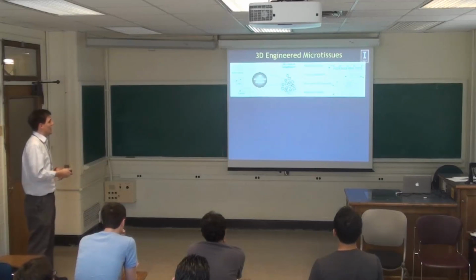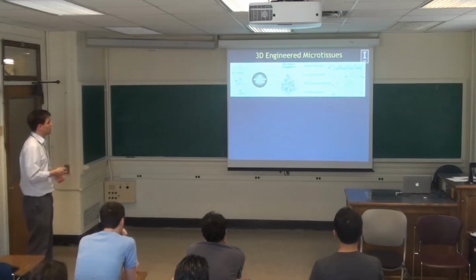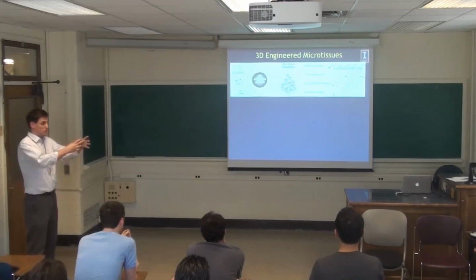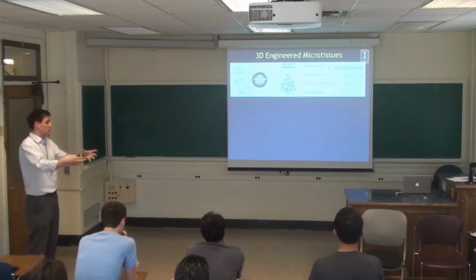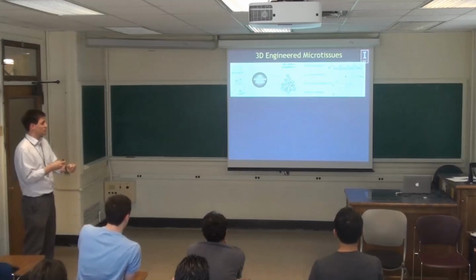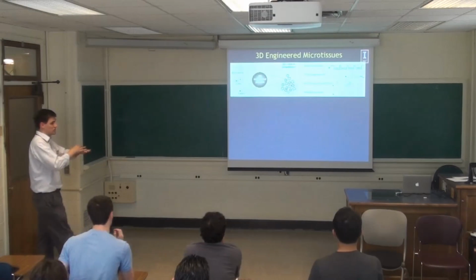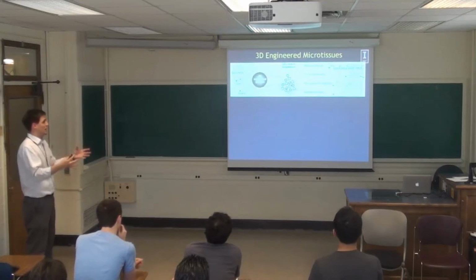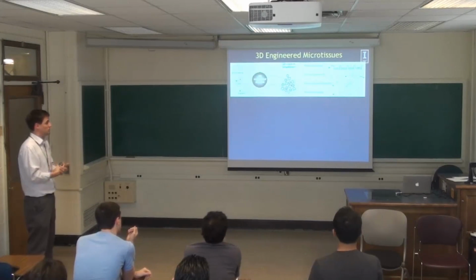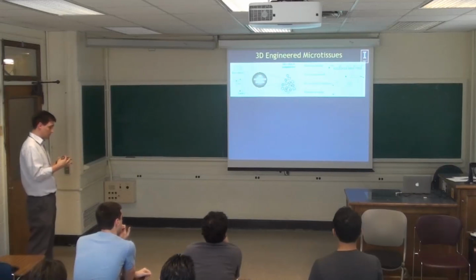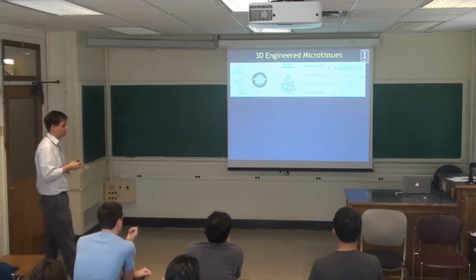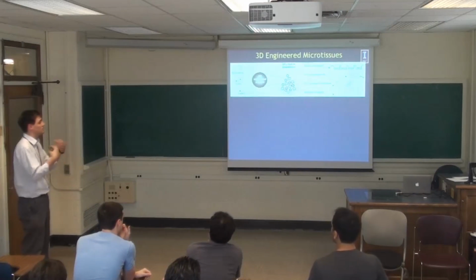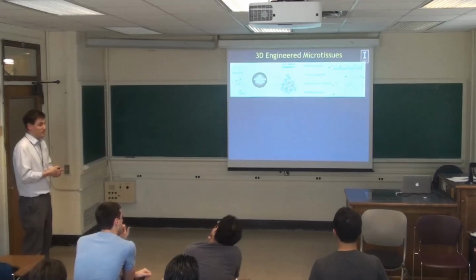So one idea that we had was we wanted to increase throughput. Instead of just doing one large bulk scaffold, if you miniaturize this down to the microscale, then you can look at hundreds or thousands of these scaffolds. If you have a population of these, then potentially you can analyze multiple combinations in parallel, and it would also provide flexibility for lots of different types of assays.